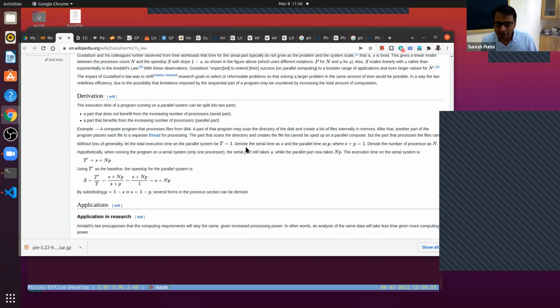Can you think of any such examples that you have encountered, where the problem can perhaps be scaled if we have more compute power available?